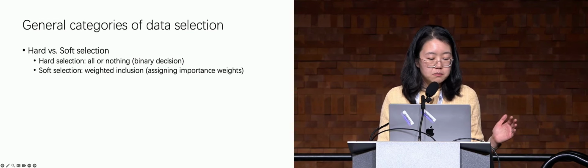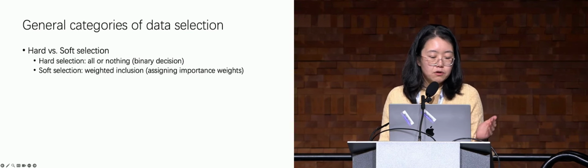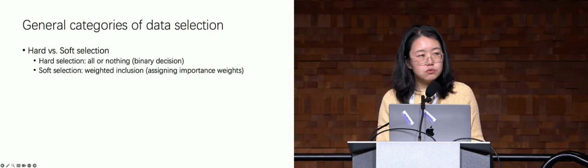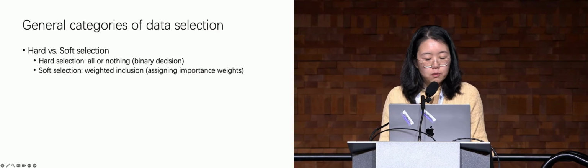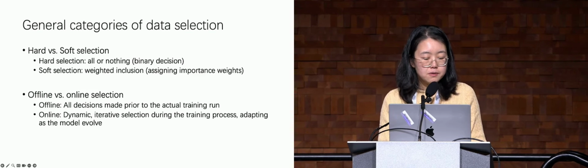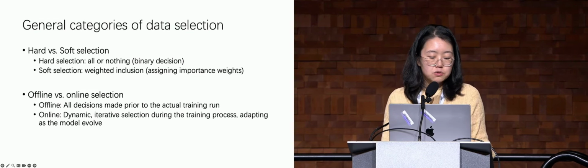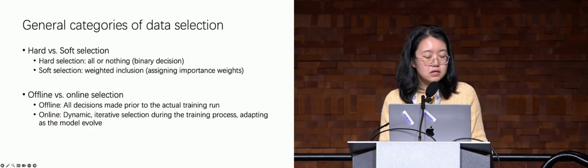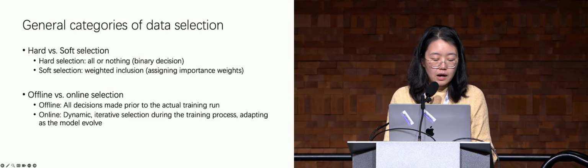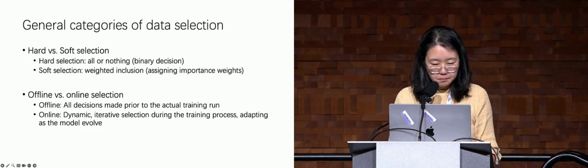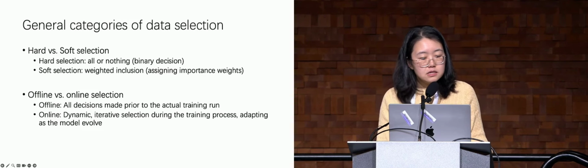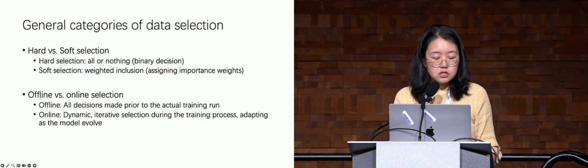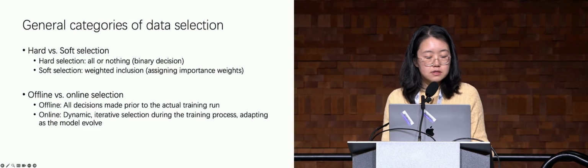Intuitively, as we move from the general level of source selection all the way down to token selection, we can potentially envision more performance gain per token. But at the same time, because we are spending more time on the selection, we'll encounter higher computational overhead. There are some other axes along which we can categorize data selection. We have hard versus soft selection.